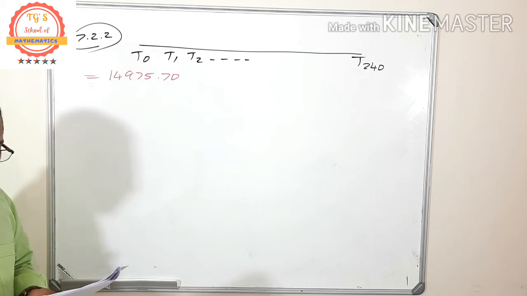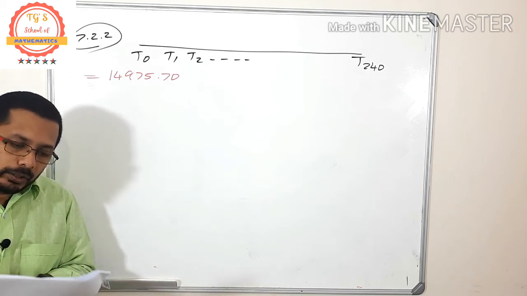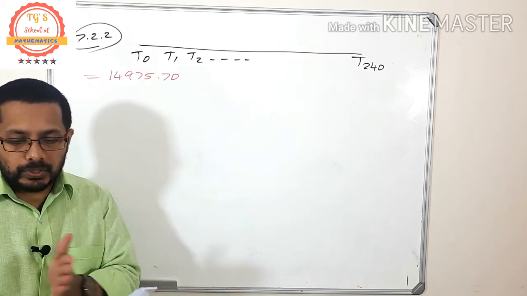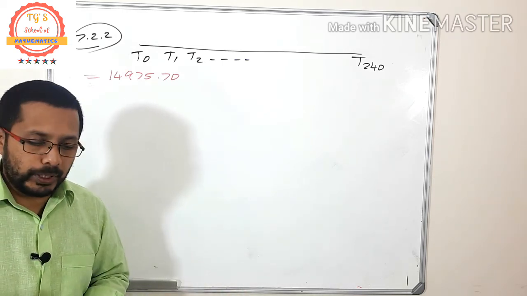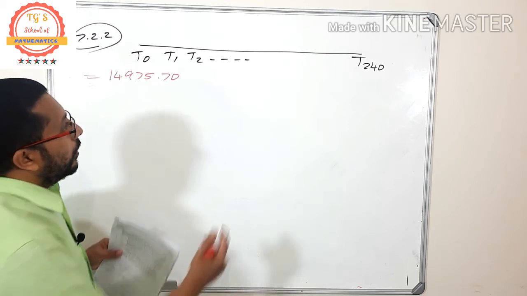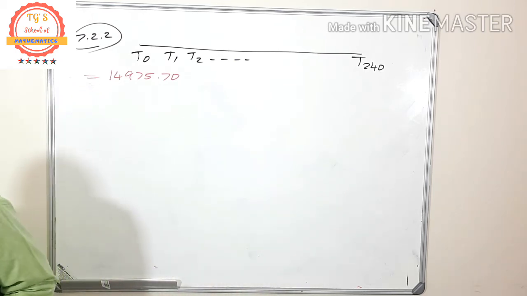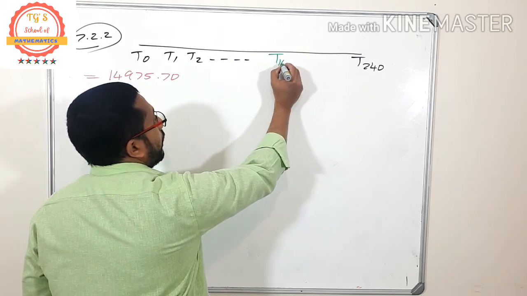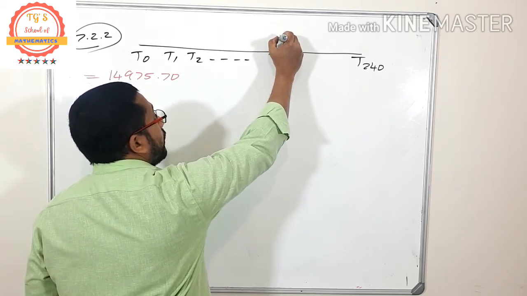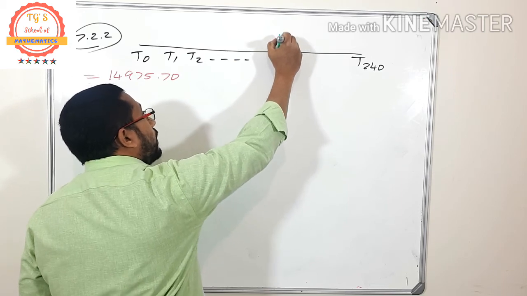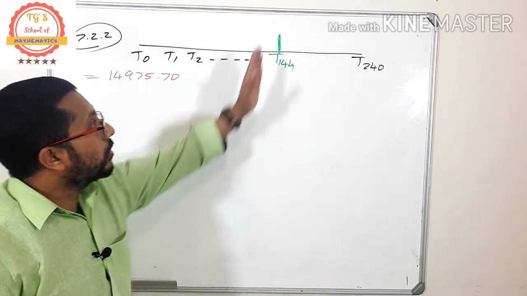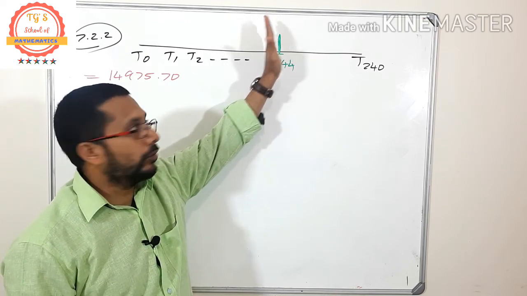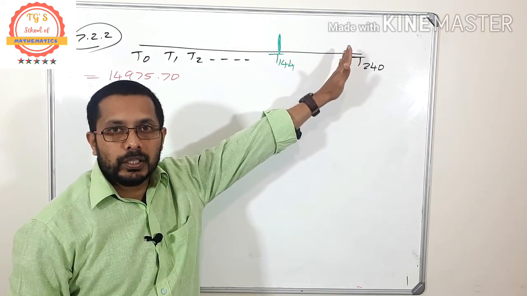Okay, then now what is this question? Calculate the outstanding balance immediately after the 144th payment was made. So there is the 144th payment somewhere here. You have to find what is the outstanding balance immediately after this 144th payment made.